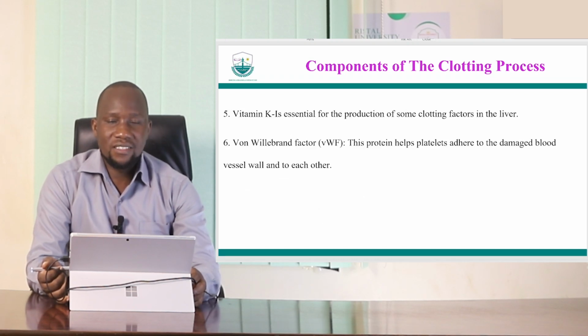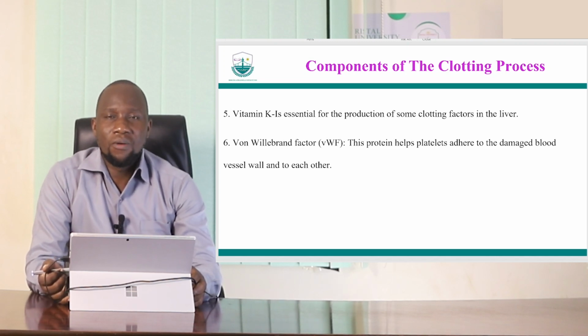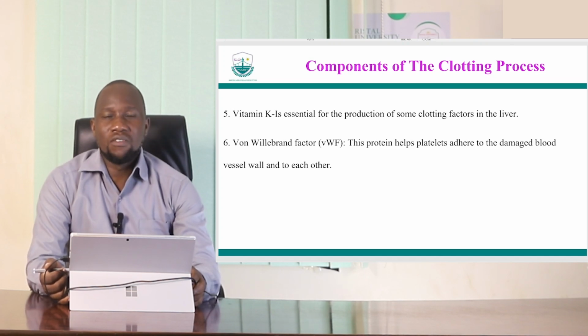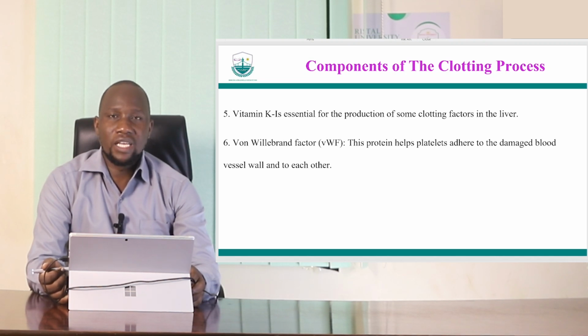Vitamin K is required for producing some of the clotting factors. So if a person has a problem with the liver, they will have a problem with clotting, because some of the clotting factors are made in the liver, and the process of making these clotting factors requires vitamin K. So if a person does not have vitamin K, they are not going to have a proper clotting process.